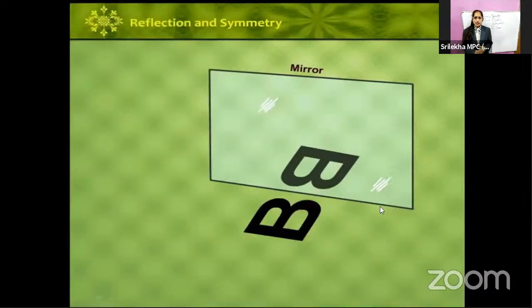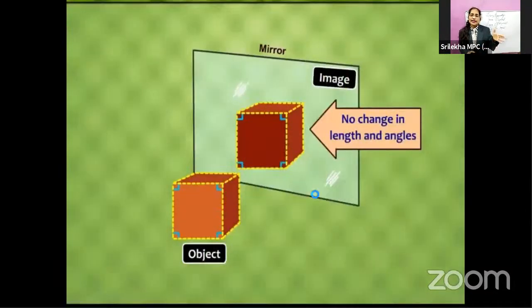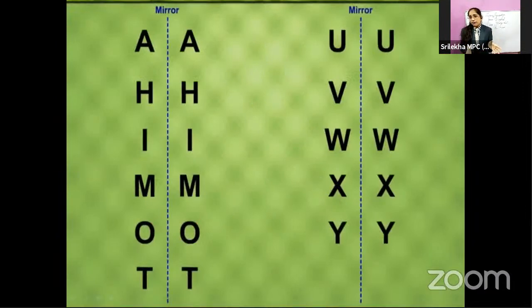Coming to alphabets, have you ever tried looking at alphabets in a mirror? Yes, you might have seen. A few alphabets resemble alike when placed before a mirror, I mean, they seem to be identical, whereas other alphabets are not identical, showing lateral inversion. Now I'm going to read out those on the screen: A, H, I, M, O, P, U, V, W, X, and Y. When these alphabets are placed before a mirror, they seem to be identical.